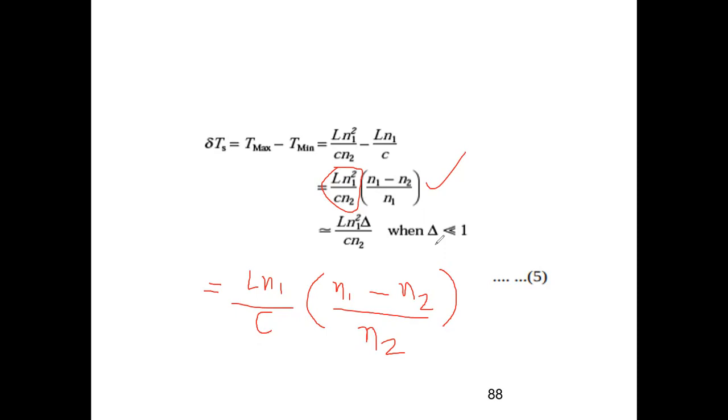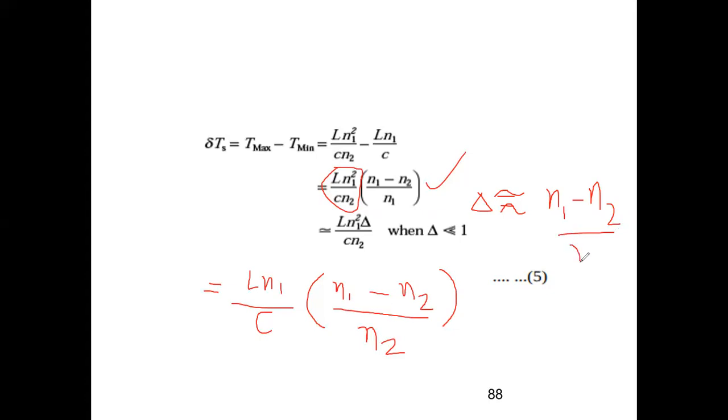So what I do is, instead of this particular formula, what I say is, again, when delta is much less than 1, I can take the value of delta as given by n1 minus n2 upon n2. So again, you write down, as delta is much less than 1, I can approximate the value of delta to n1 minus n2 upon n2.